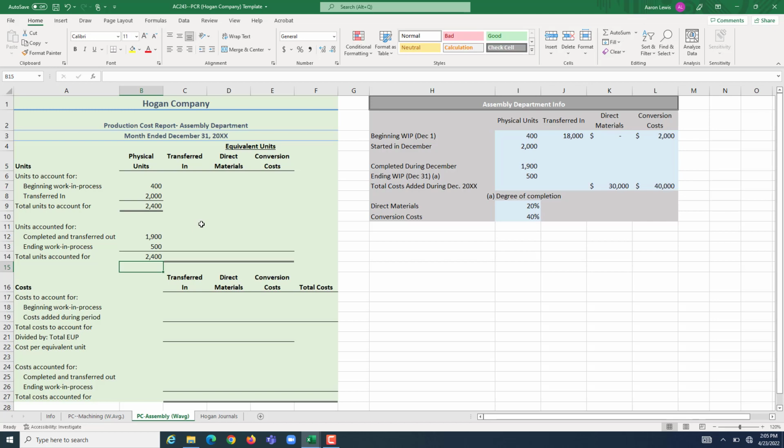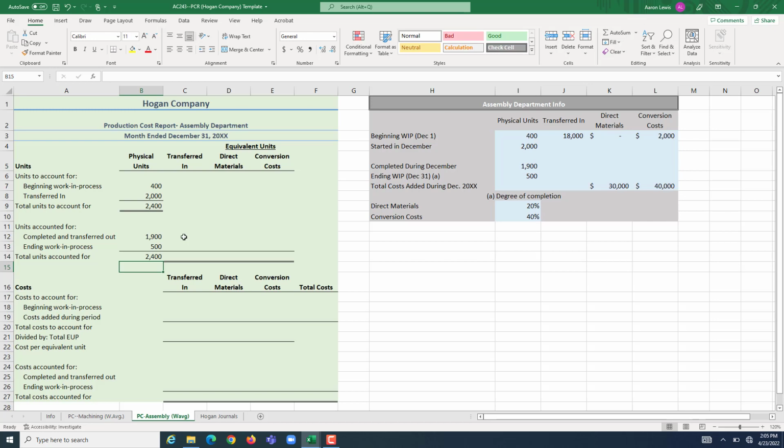To do our cost calculations, we need to figure out how many equivalent units of production we have. And again, equivalent units of production means how complete it is for that particular cost component. For completed and transferred out, it has to be the same as the number of physical units.